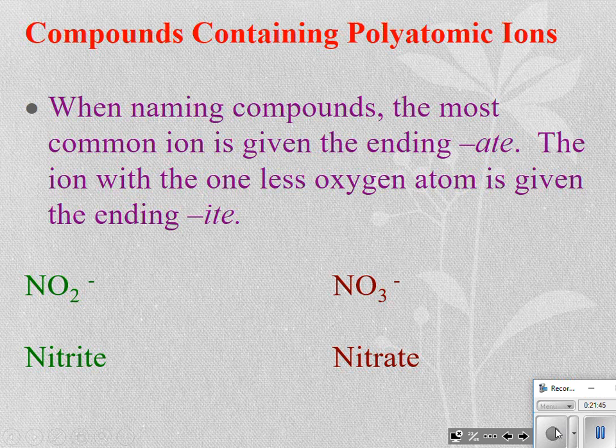The most common of the polyatomic ions will be given an ATE ending. And then it's all about the number of oxygens. If you look, the nitrate ion is NO3 minus 1.